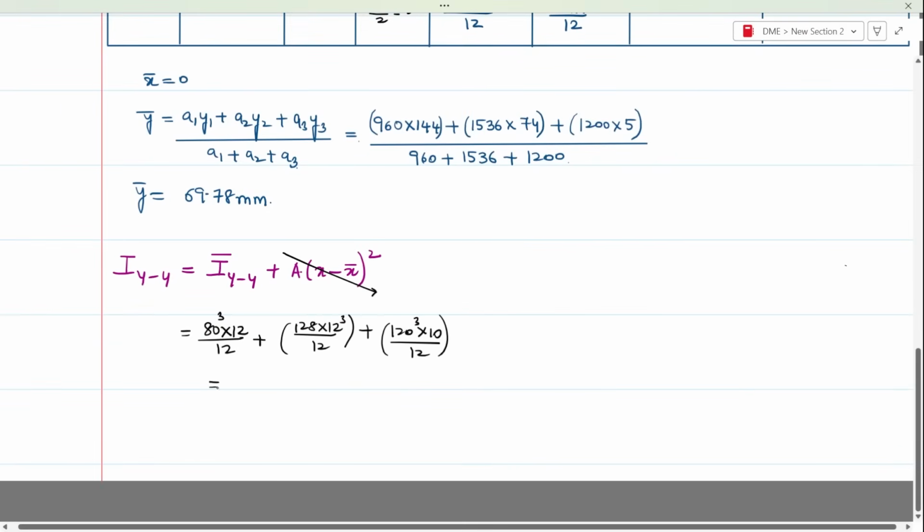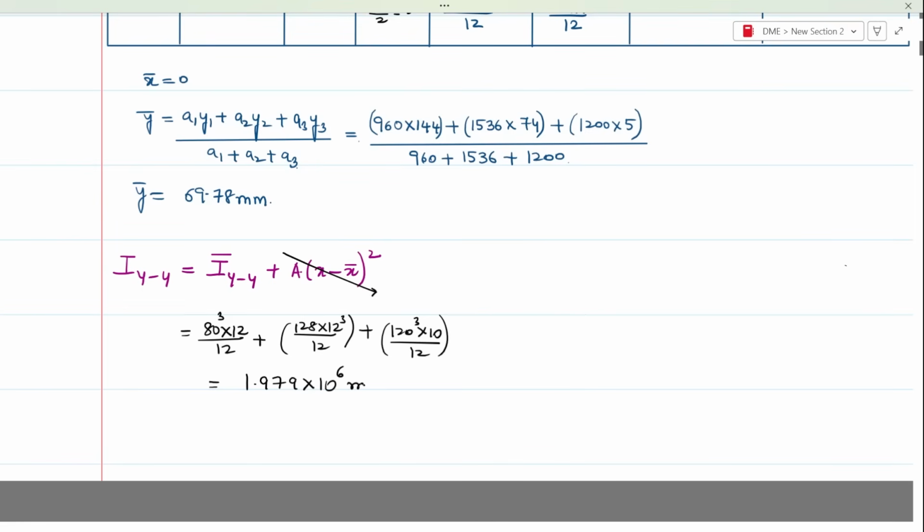So now if we add all these, upon calculation the value comes out to be 1.979 into 10 power 6 mm power 4. This will be the moment of inertia of the I-section for the y-axis passing through it.